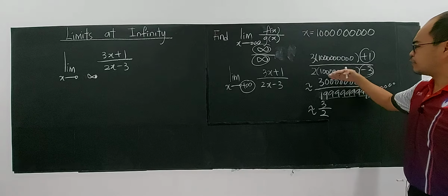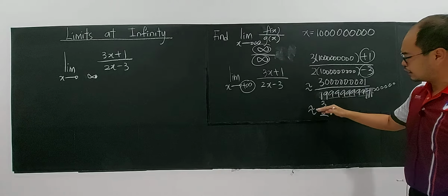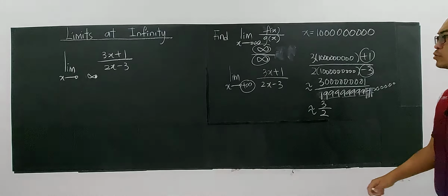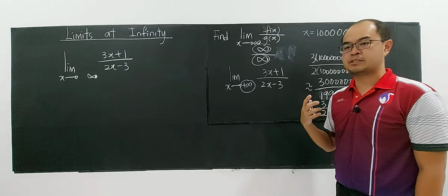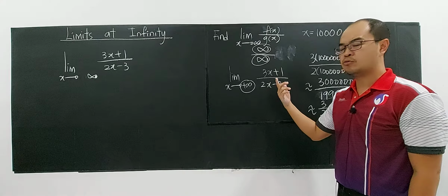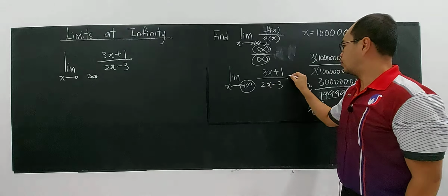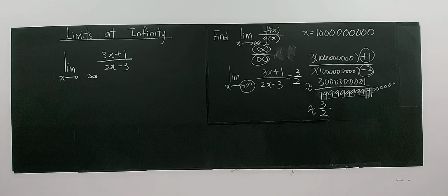So the value is too big, and when you divide, you actually get something around 3 over 2. So from my observation and my understanding, if you put infinity here, the value will be 3 over 2.